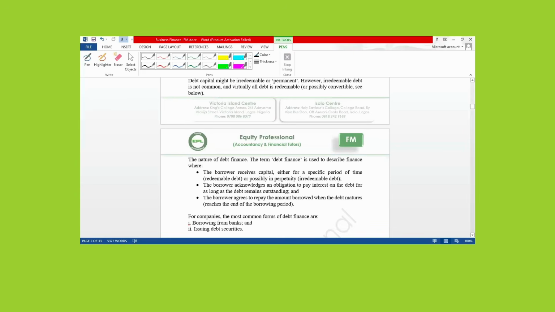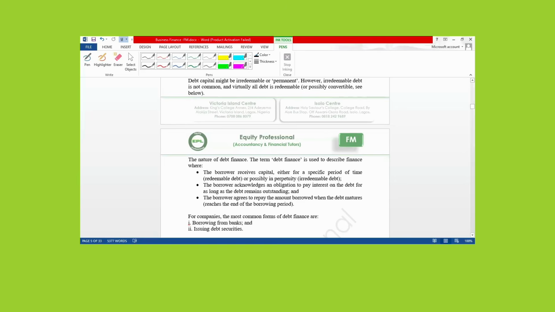Nominal value of loan stock, 100 naira. Nominal value of debentures, 100 naira. It's the same thing. As you are doing cost of capital, at times they will put debentures, at times loan stock, at times bond. It's the same thing.